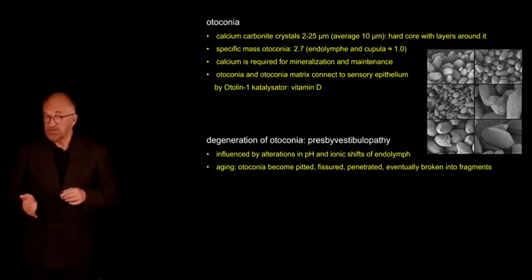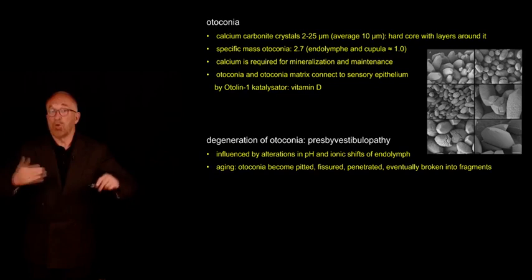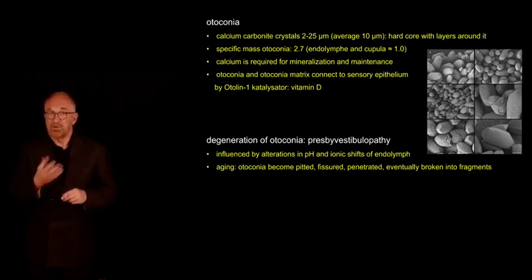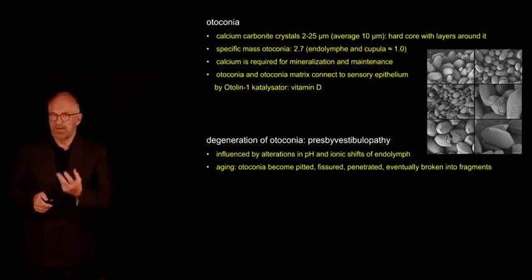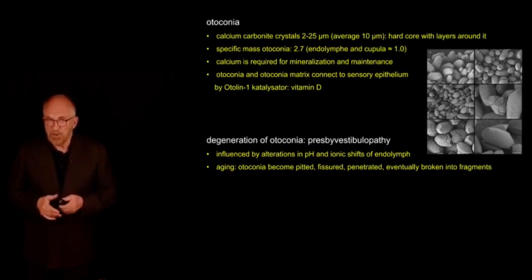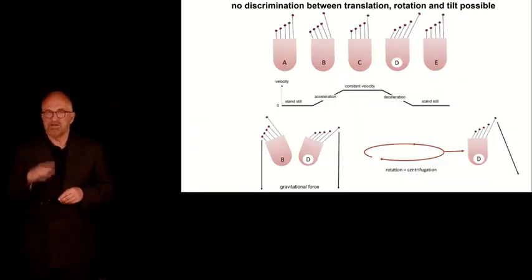And we know that, for example, vitamin D plays an important role, and that by all kinds of factors, among which aging, there is a slow decrease and degeneration of otoconia, presbyvasculopathy, already in this fundamental old organ. You can see that on the top, when you make an acceleration forwards and backwards, there's a deflection of the stereocilia.